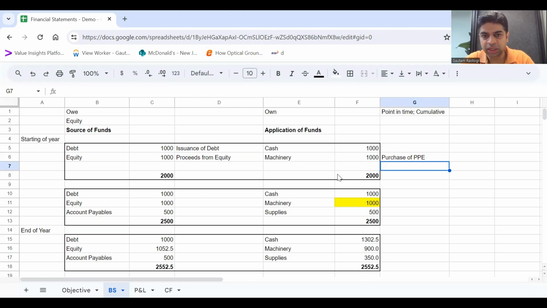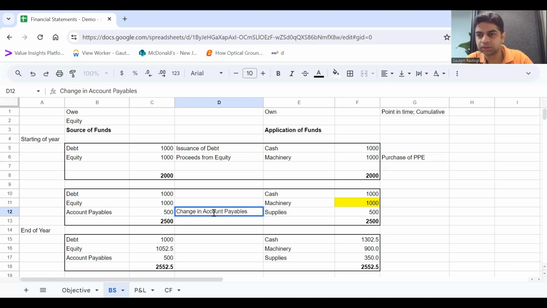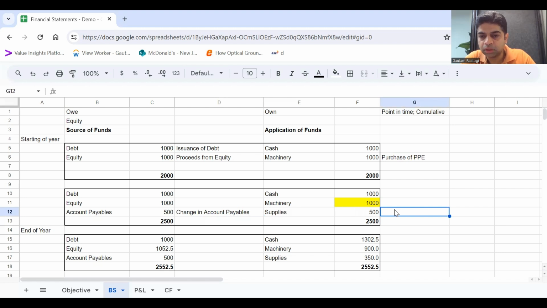So this was the third transaction. The fourth transaction was we took a credit from a supplier. This resulted in an account payable, money that we need to pay the supplier. So it is change in account payables. Earlier we had zero account payables. We didn't owe anyone anything, but now we owe a supplier $500. And then we used that money to purchase supplies.